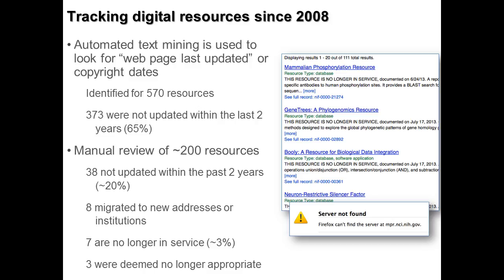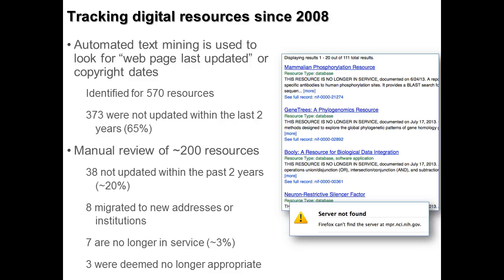And so it's really critical to provide a history for resources, for software tools, for centers that may no longer be in existence, but are still mentioned and referred to in the literature, right?